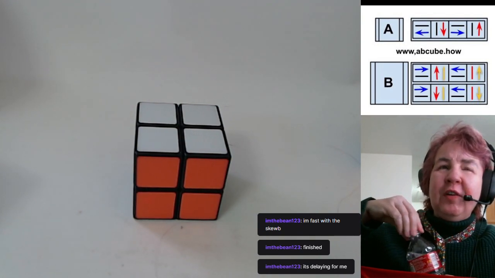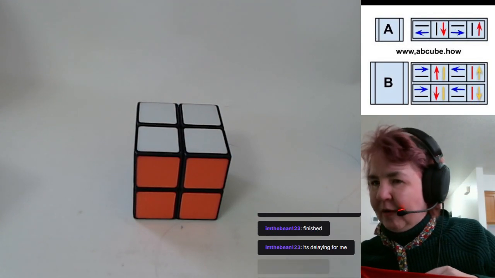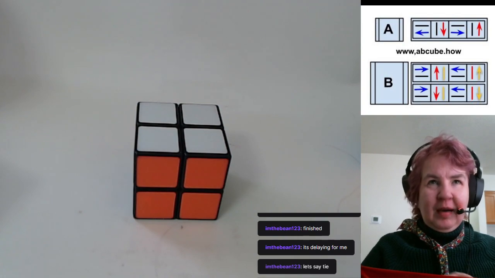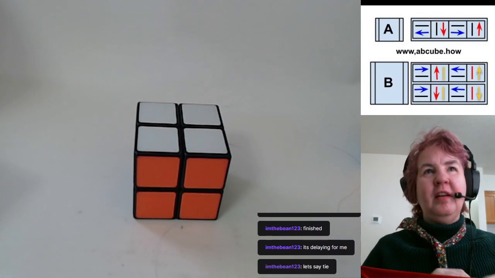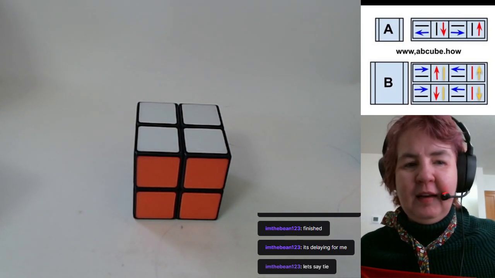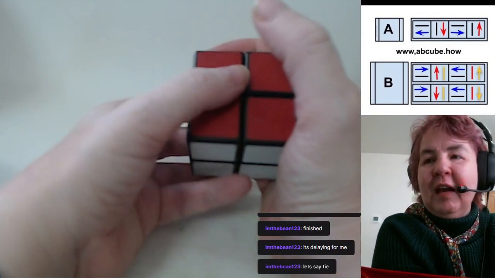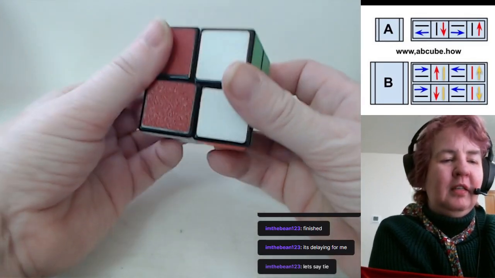If our positions were reversed, I would have typed finished, waiting, ready, and then just waited for you to press the enter key instead of typing finished. So it's ready, and you can just, boom, push the button. Tie! Okay, so I did a 2 and you did a cube.